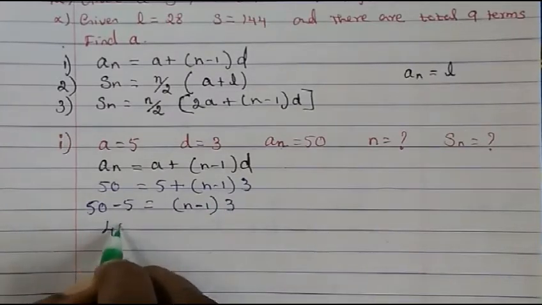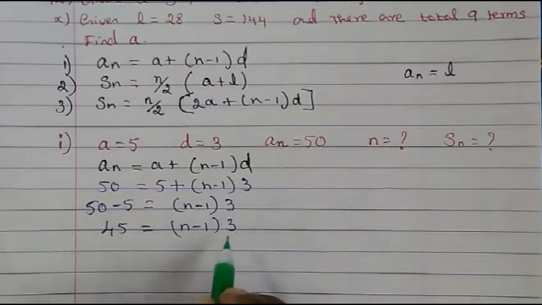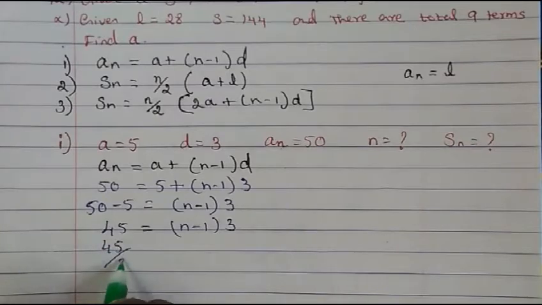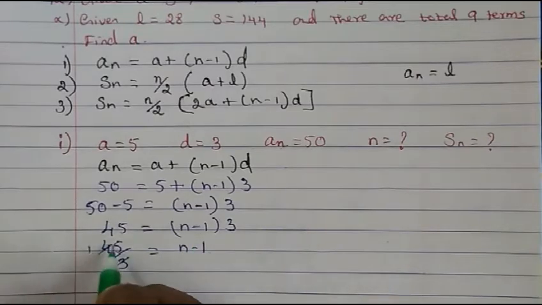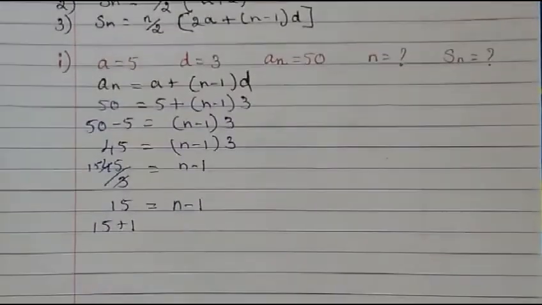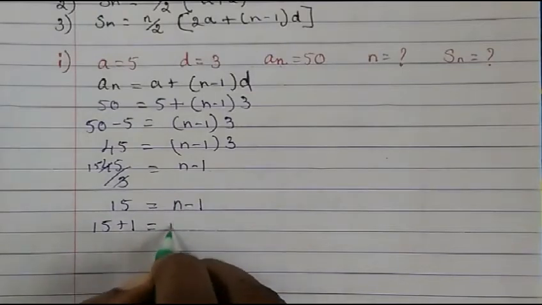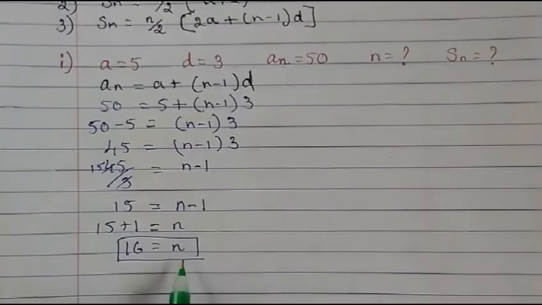So we have 45 equals N minus 1 times 3. Let the 3 come this side, it becomes division: 45 divided by 3 is 15. So 15 equals N minus 1. When 1 comes this side, it becomes plus, so 16 equals N. So the N value is 16.